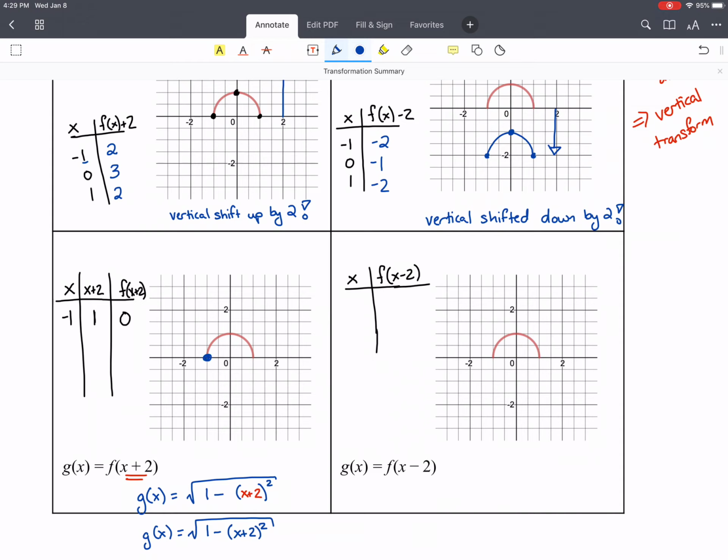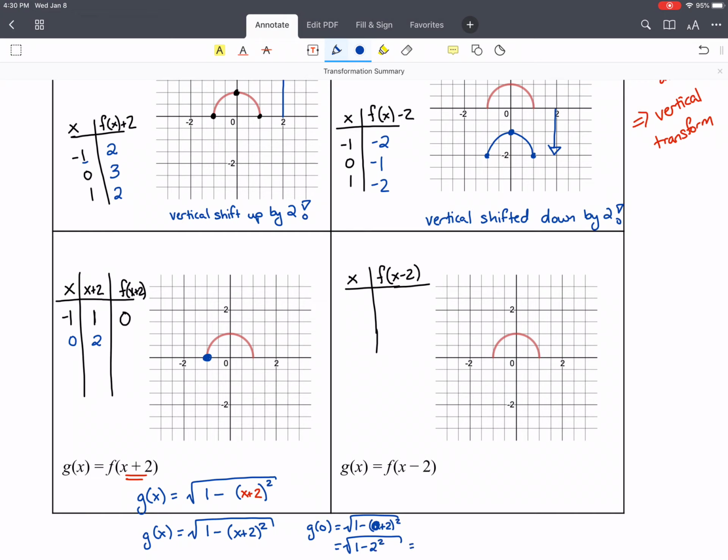But if I plug in x equals 0, x plus 2 is 2, and when I plug in 0, I get the square root of 1 minus 2 squared.